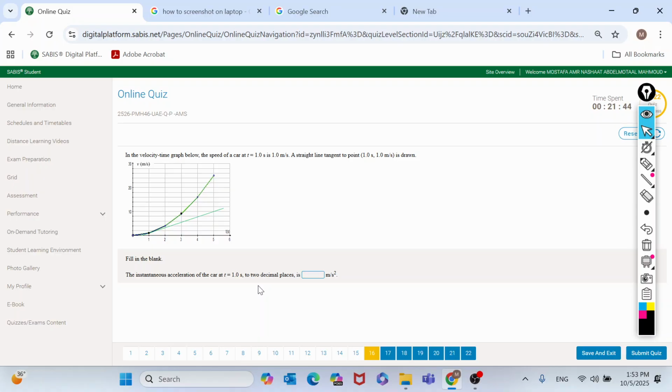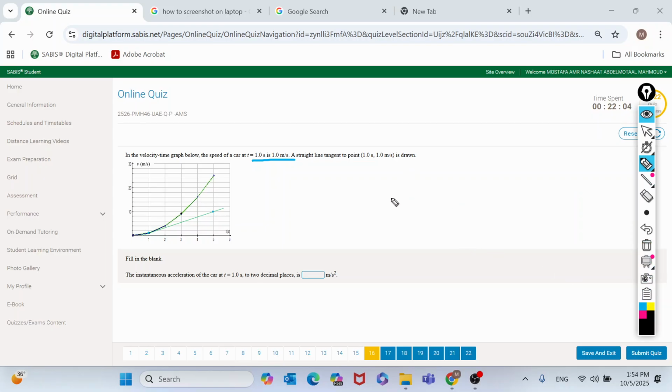The instantaneous acceleration at t equals 1 second to two decimal places. So they just want the slope of this line, the slope of the tangent. We're going to use this point and the point they gave us, which at 1 second is 1 meter per second.